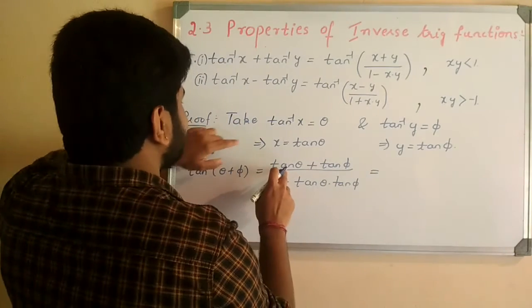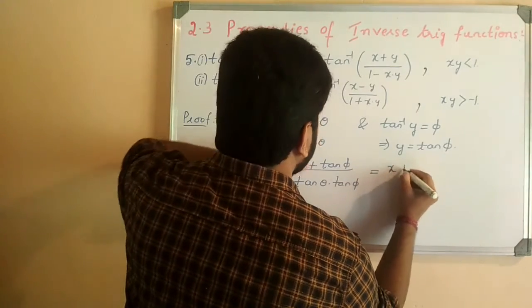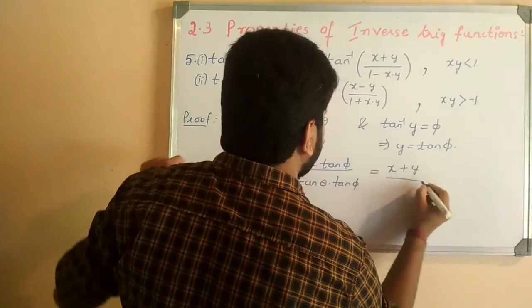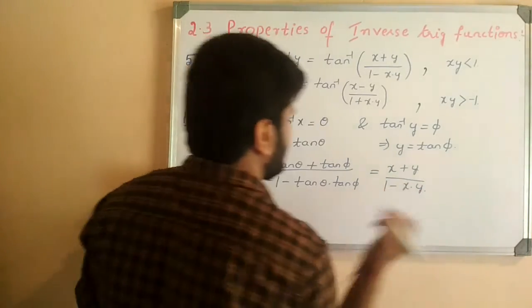So here tan theta can be replaced as x. So x plus y divided by 1 minus x into y.